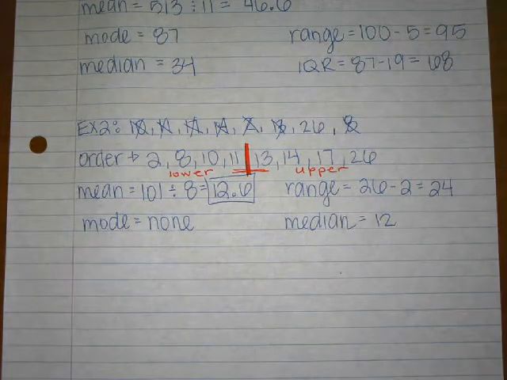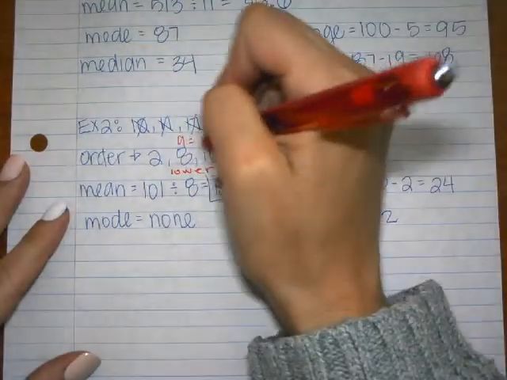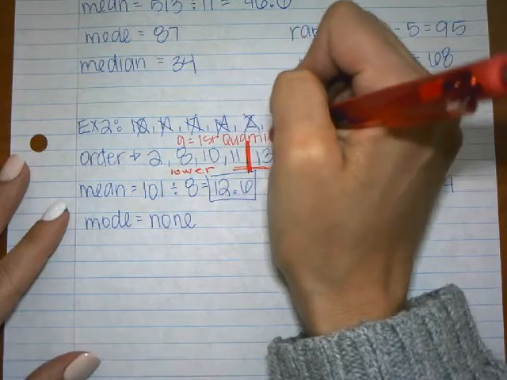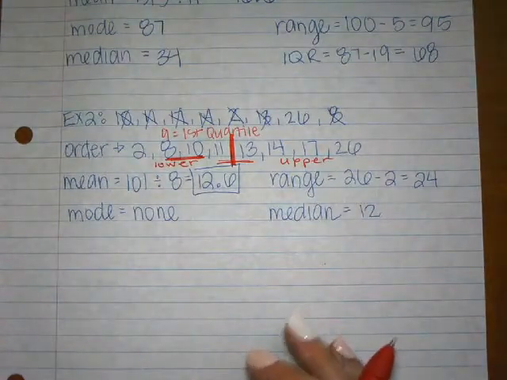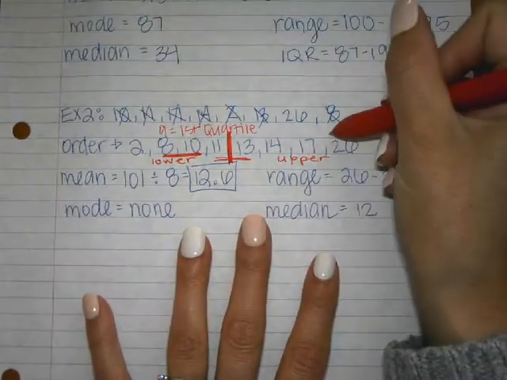All right, help me out, guys. What is the first quartile? How'd you get that? So the 9 is the first quartile because I have 8 and 10. 9 is in the middle of 8 and 10. Or if you added the 2 and divided by 2, you would get 9. What's the third quartile?